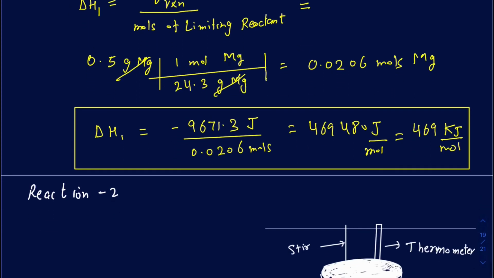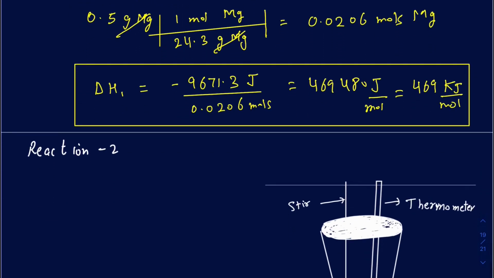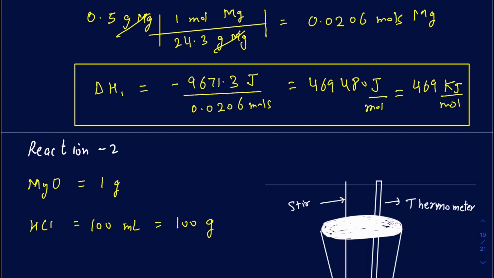Okay, so your second reaction is going to be the magnesium oxide and the HCl reaction. So assume I'm using about a gram of magnesium oxide. Okay, so 1 gram of magnesium oxide, and assume the amount of HCl is still going to be the same. So HCl is going to be 100 milliliters, which is roughly going to be 100 grams.